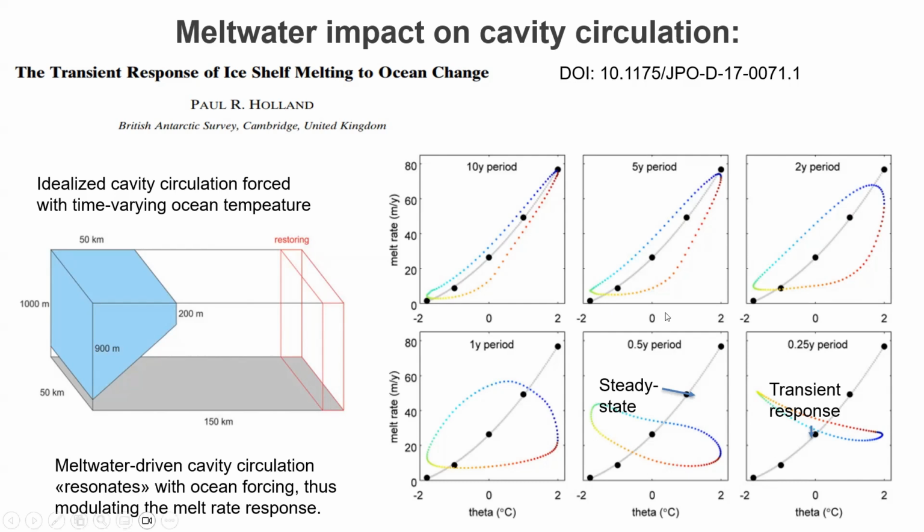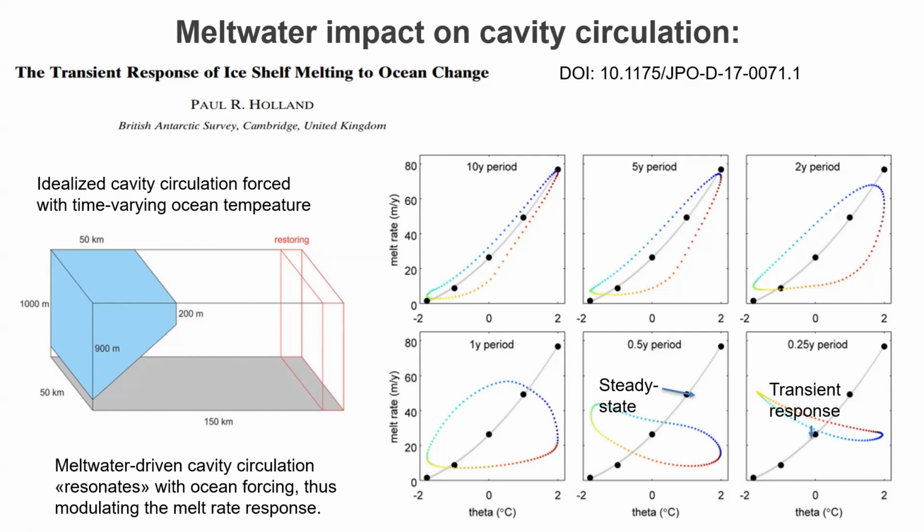And this graph is a little bit difficult to interpret, but basically the gray line is the same everywhere in all the panels, and that's the steady state response. If you have on the x-axis a given temperature forcing in the forcing area of your model, then you get an increase of melt rates on the y-axis with increasing temperature.